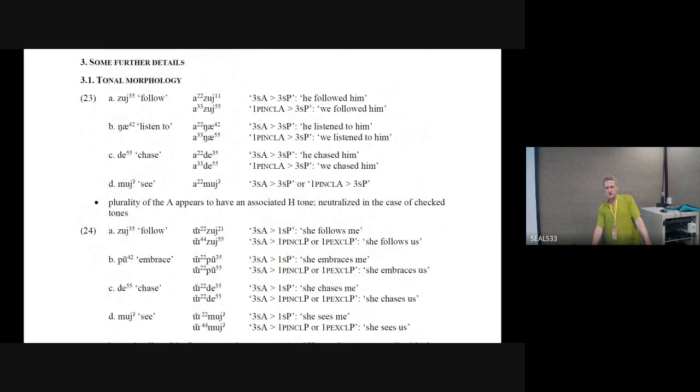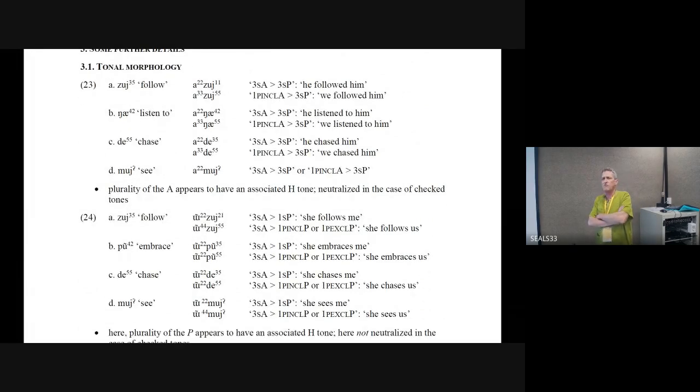In 23 and 24, these are very impressionistic because we don't have a full analysis of what's going on with the tonal system yet. But in the 23 examples, you've got the difference between the two forms in the A set, the B set, the C set, and there's only one form in the D set because the difference is neutralized there.